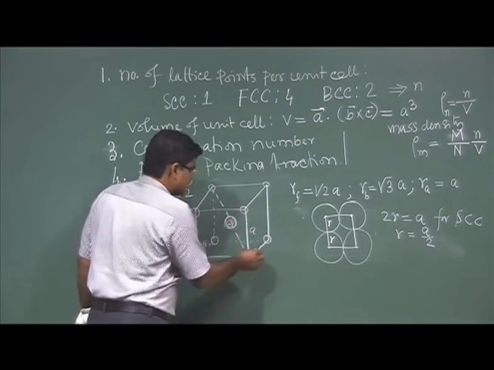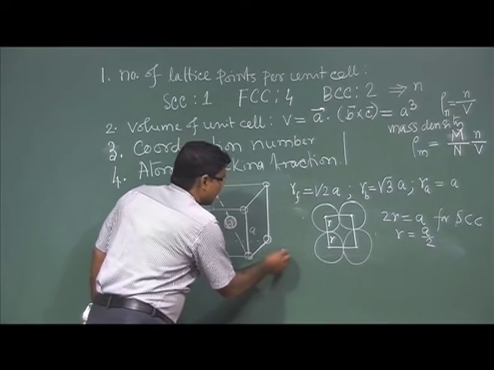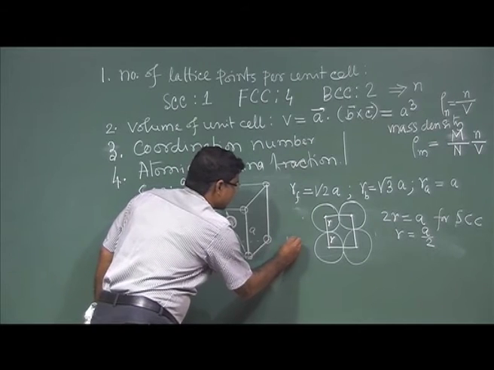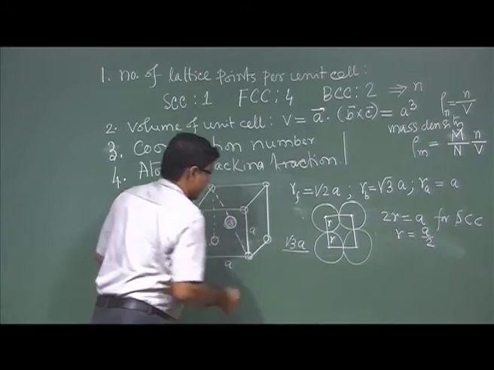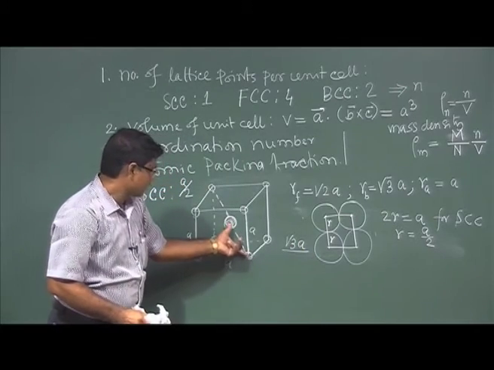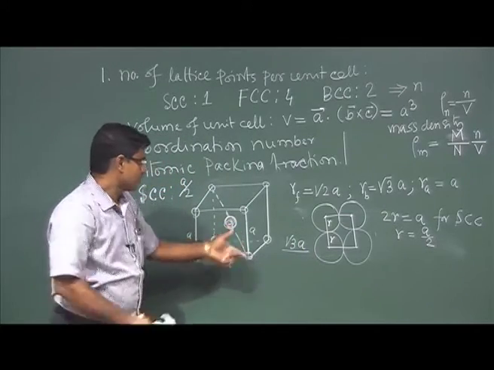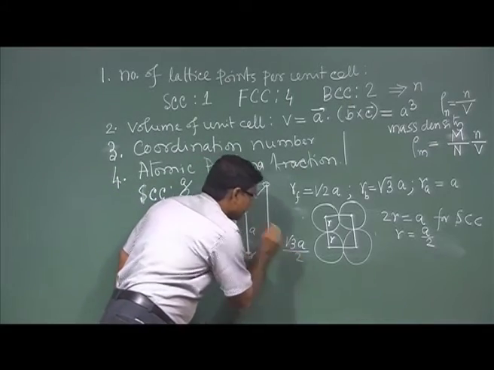So in this case, the distance between these two atoms is root 3 a by 2.